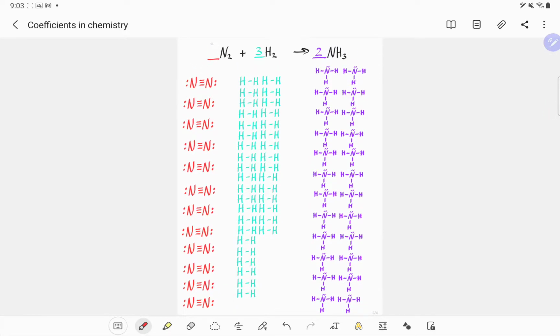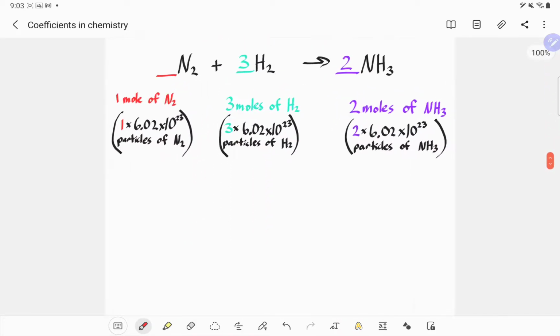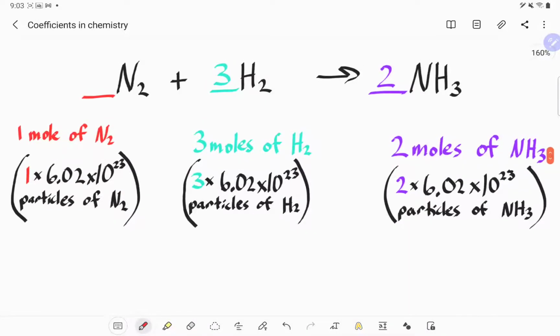So a 1 here represents 12 molecules, or more commonly we could represent it as a mole. So a 1 here represents 1 mole of N2, which means 6.02 times 10 to the 23rd particles. But it represents any unit of just a number, or I don't even want to use the word units because it's definitely not a unit of measurement.